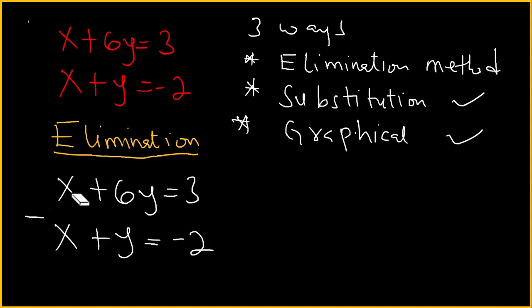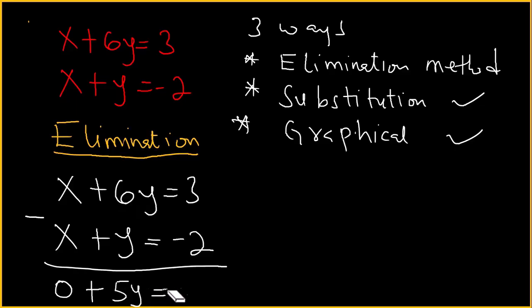I'm using the minus sign to get rid of x. Now x minus x gives us 0, plus 6y minus y gives us 5y, equals 3 minus negative 2, which is the same thing as 3 plus 2, which is equal to 5.